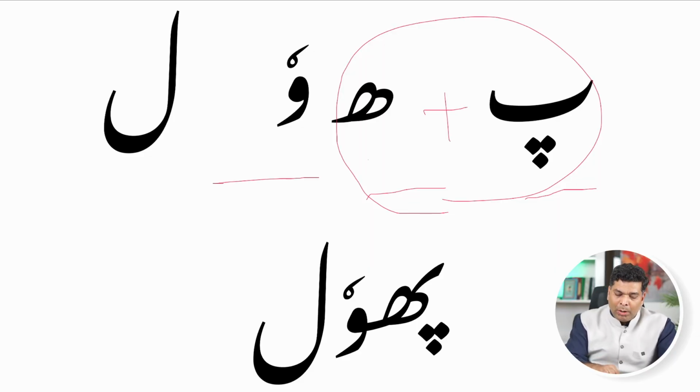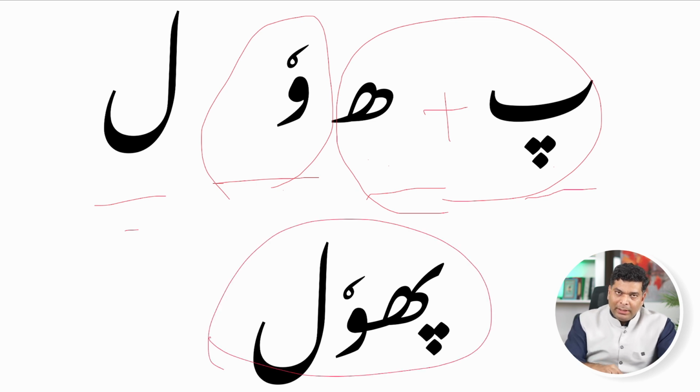And I put a vowel, an ulta pesh, which makes it oo. And then we have lam, so we have pa, ul, which means pool. This is not pahul because the chashmi is always read with the preceding letter. If it was, say, choti hai instead of do chashmi, then it could have become pahul, but it is pool, right? This is how you understand how it is written.